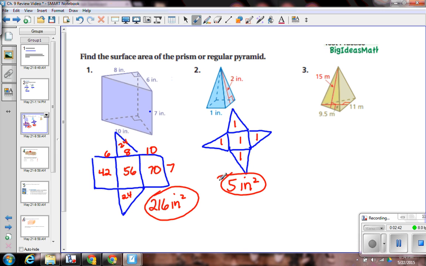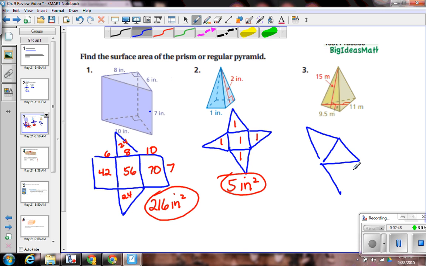And then for our triangular prism, we have a triangle on the base, so we have 3 of the lateral faces. Just don't forget that your base is a different area than the lateral faces. So for our base, we're going to do 1/2 of our 9.5 times 11. So that comes out to 52.25.